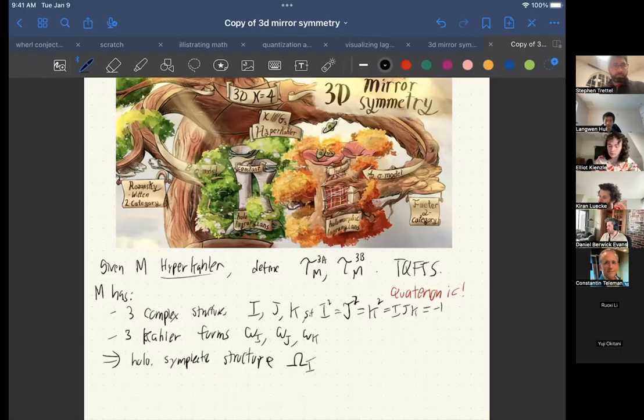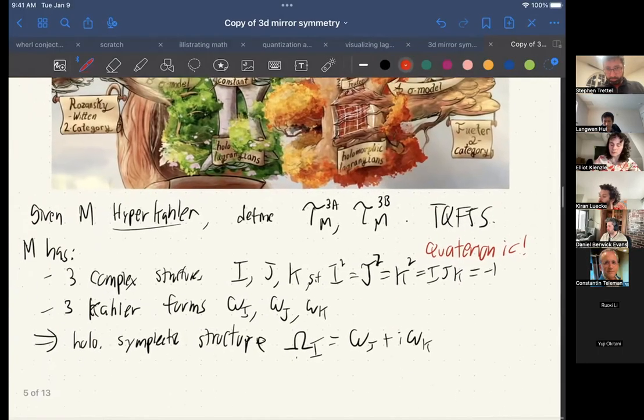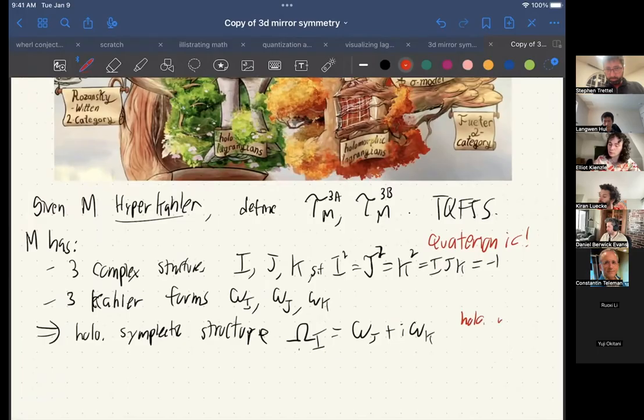So the holomorphic symplectic structure, which is associated to complex structure I, will be given by omega J plus i omega K. And this is interesting because it is holomorphic with respect to the complex structure. Okay? This is a little exercise for you, I guess. Great. So this holomorphic symplectic structure is basically the only way we're going to be talking to this hyperkähler manifold. It's pretty tricky to figure out what the hyperkähler structure is for a lot of these and to use it, but it's very interesting. But again, stuff for later.